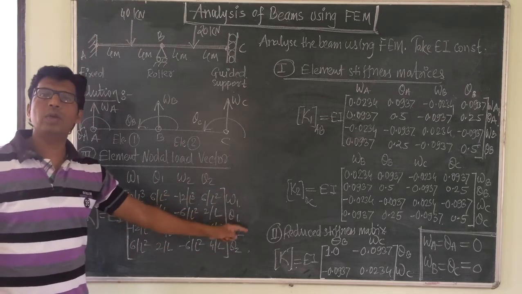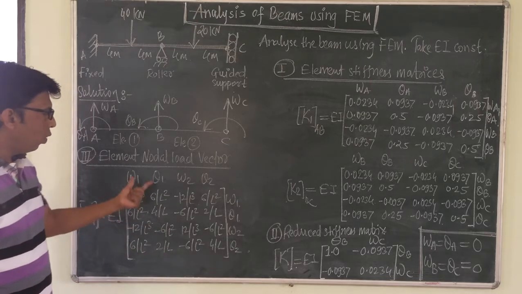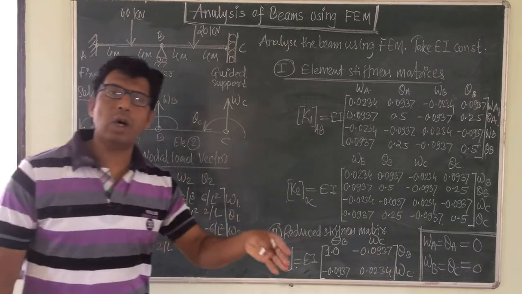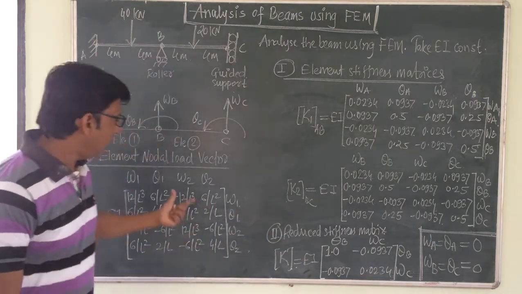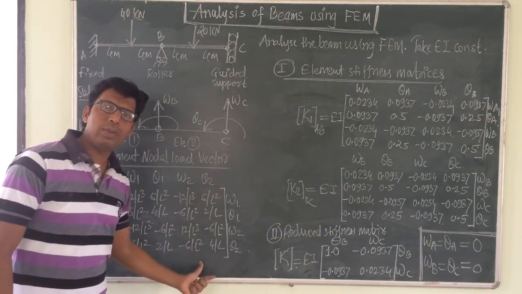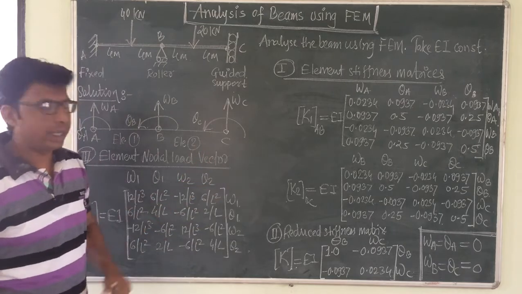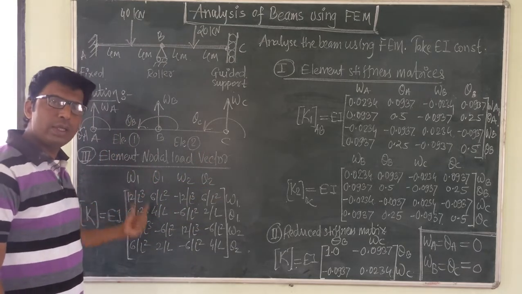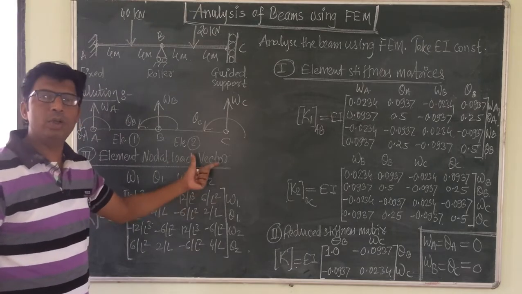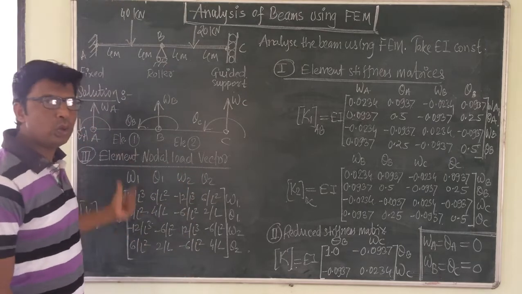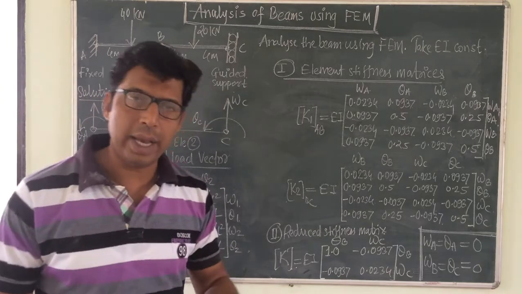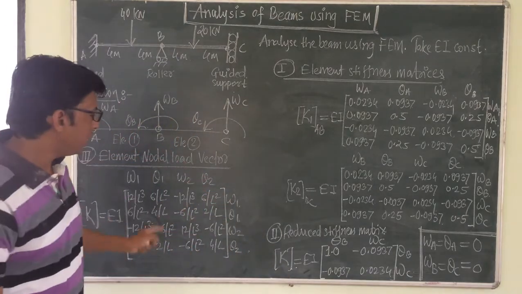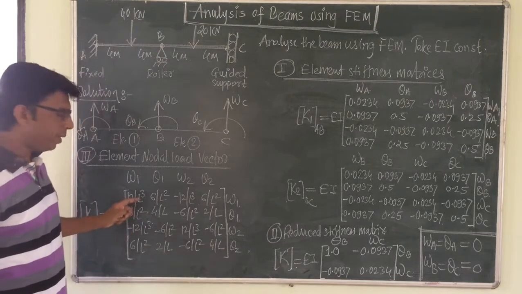The first two columns correspond to the left joint of the element and the remaining two columns correspond to the right joint. If the left node is the first node with W1 theta 1 and the right node has W2 theta 2, the first two columns correspond to the left node and the remaining two to the right node. So this is the standard stiffness matrix of a beam element.